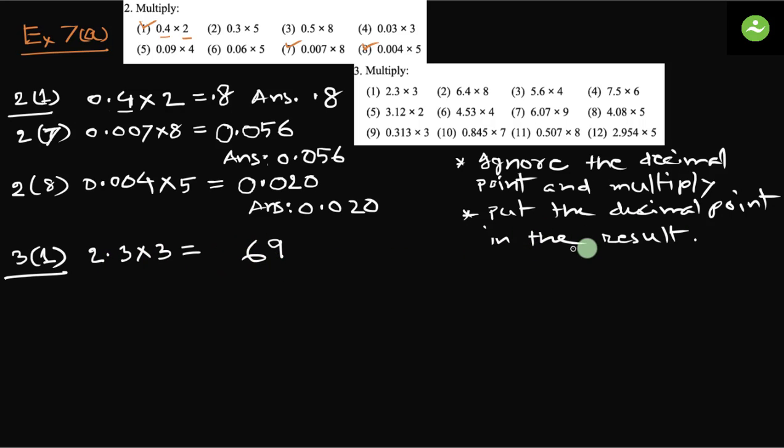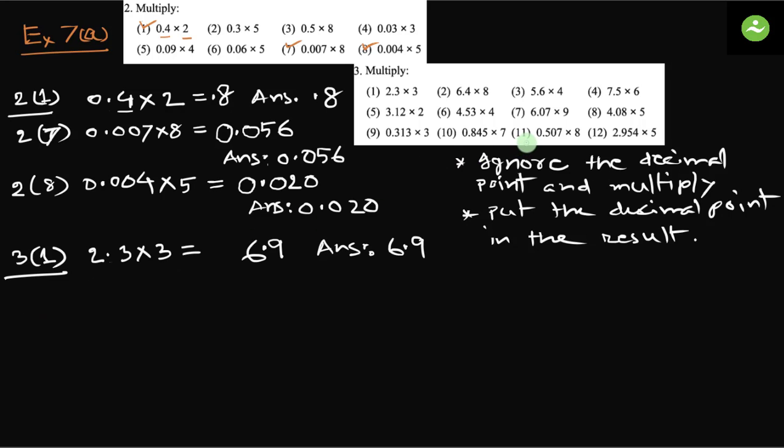Put the decimal point in the result. How will you put the decimal point in the result? You count the digits. There is 1 digit after the decimal point. So we have to put the decimal point just before 1 digit. So the answer is 6.9.